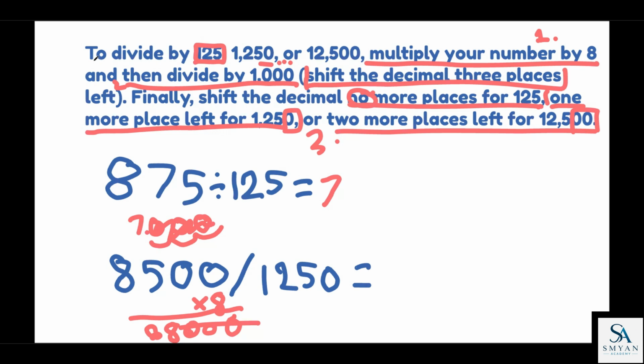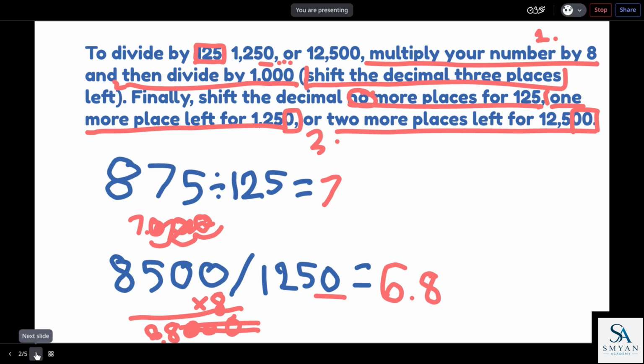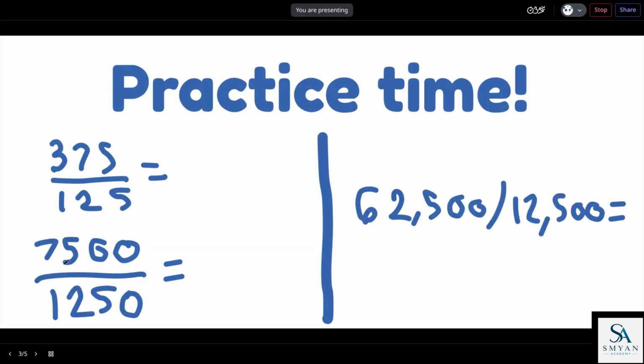Since we have 3 zeros, we could just remove these. Now since we're dividing by 1250, there's that extra 0, so we have to shift this 1 more time. That means drop the decimal point in between 6 and 8 to give us the answer of 6.8. Done. It's a very simple trick and we're going to use it in some practice problems.